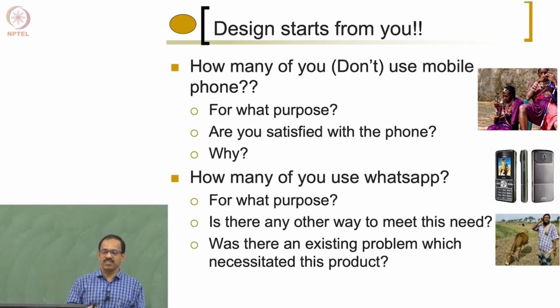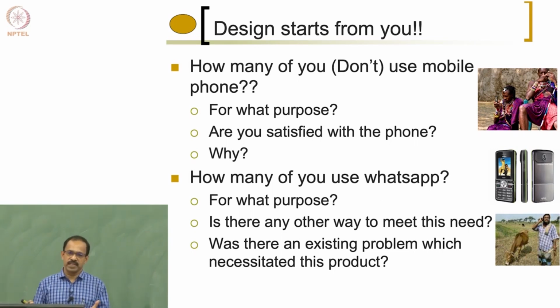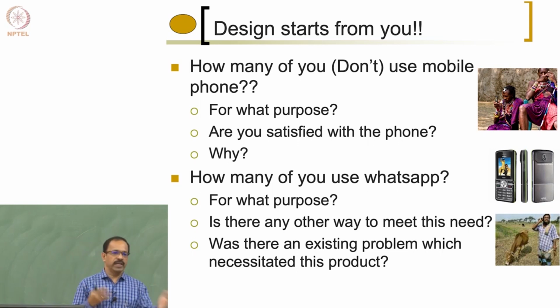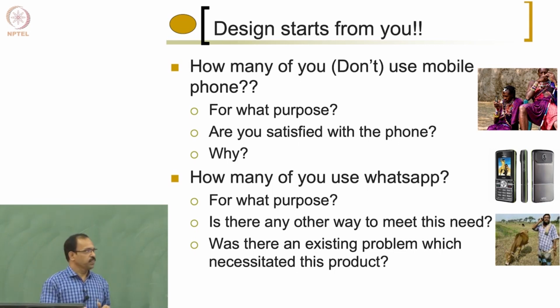There may be additional features coming which you don't ask for, but somebody will think about the possibilities of designing a new product with new capabilities, so that will come into the market. And those who are saying I am not happy with my phone, that says there is room for making a better product. So that is the way design thinking goes.